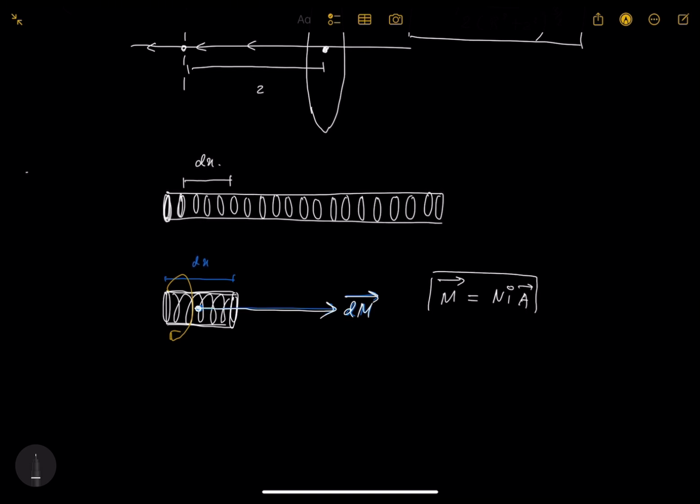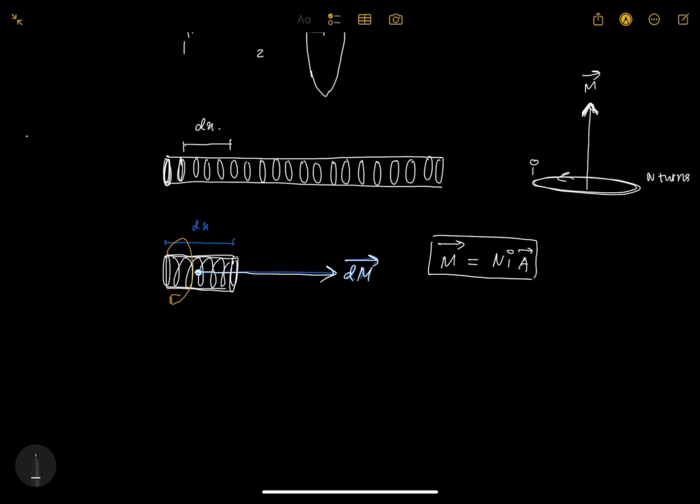This is a standard expression. So the magnetic moment vector for any given circular loop with n turns and current I is given perpendicular to the area vector, which we define perpendicular to the loop, like this, right?